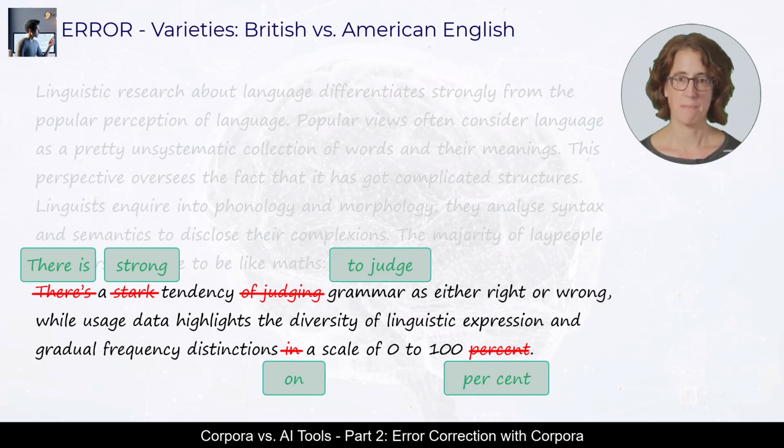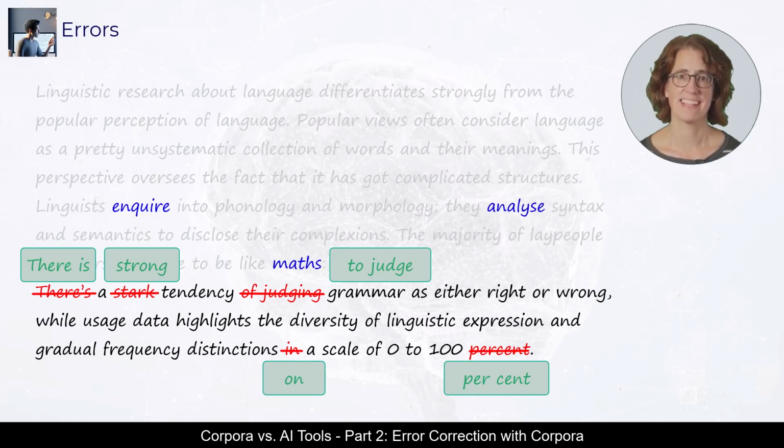Since spellings of other words in the text, such as inquire, analyse and maths, consistently adhere to the British English variety, the same should apply for the spelling of percent.